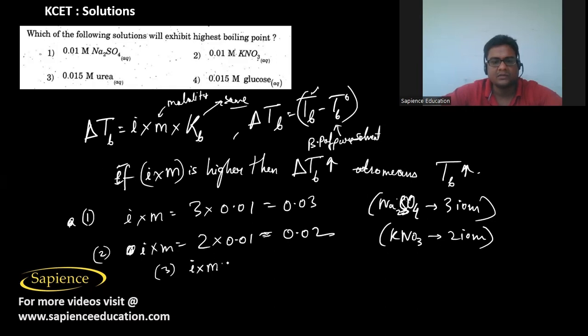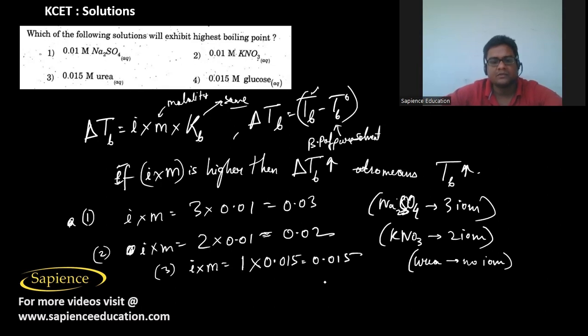Here i is 1 only, since urea gives no ions, so 1 into the molality, that is 0.015.